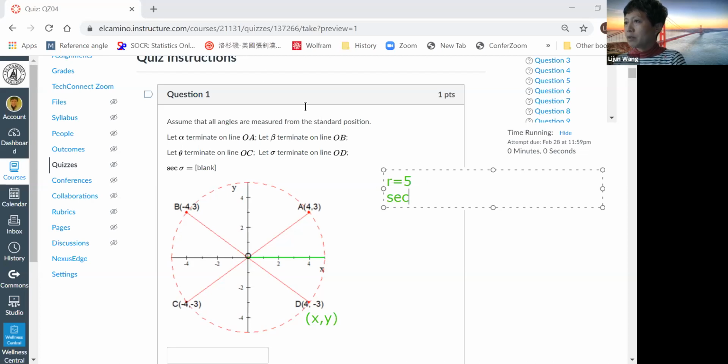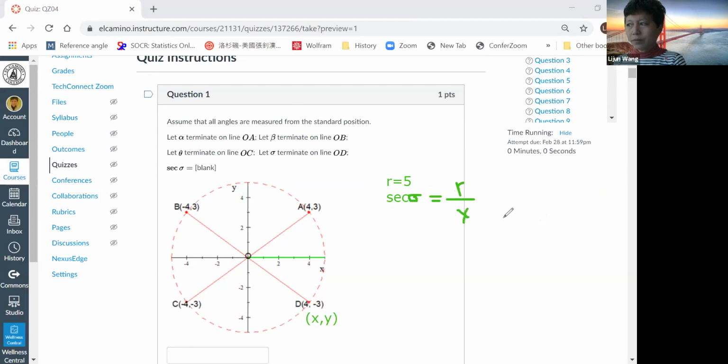Okay, sigma, I'm going to use this little drawing here. I'm going to write it down. This is a sigma, equals to, and then you follow the definition of secant. Secant is R over what? X, right?